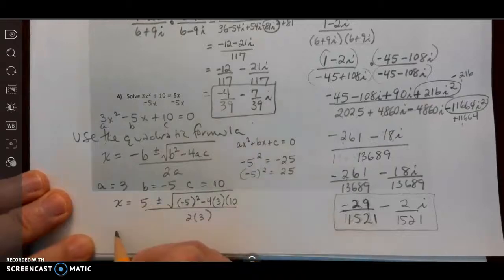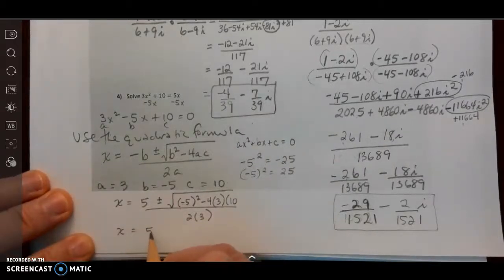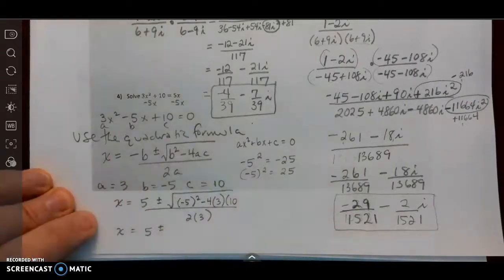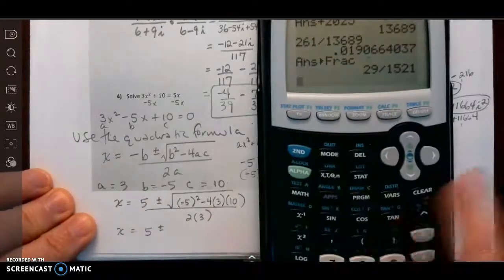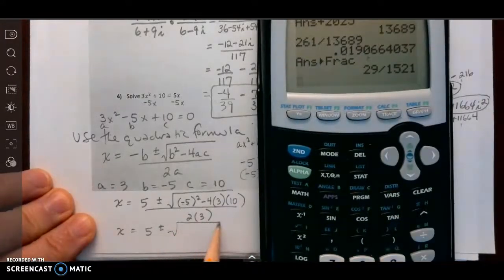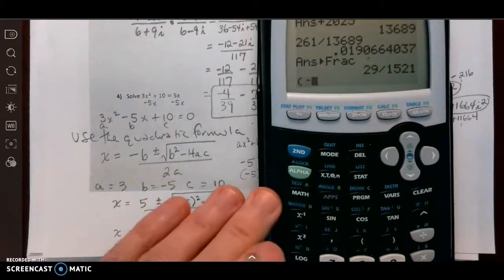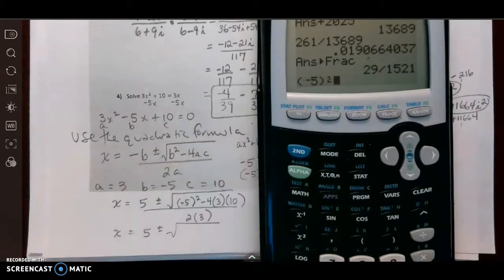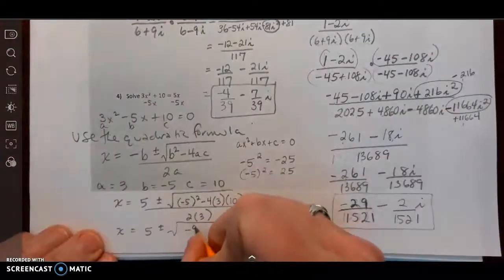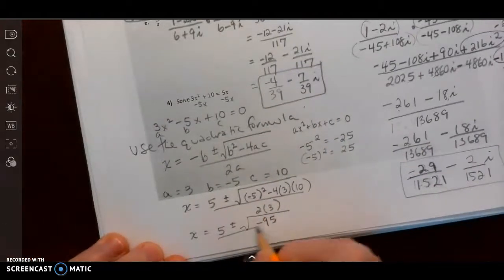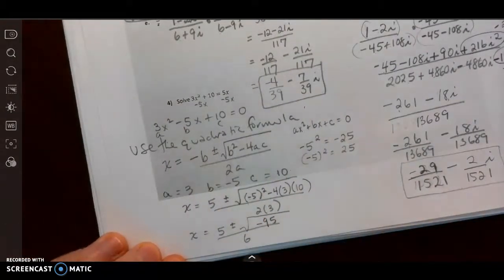All right, so I'm going to start using my calculator now. Oops, I didn't put that parenthesis there. And I'm going to do what's underneath the radical. Negative 5 squared minus 4 times 3 times 10, and I get negative 95 all over 6.